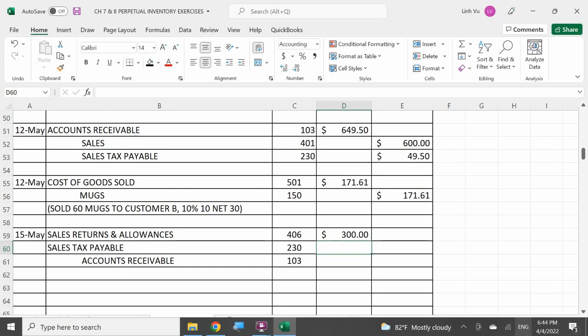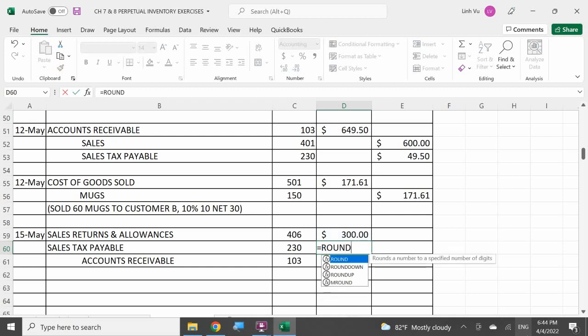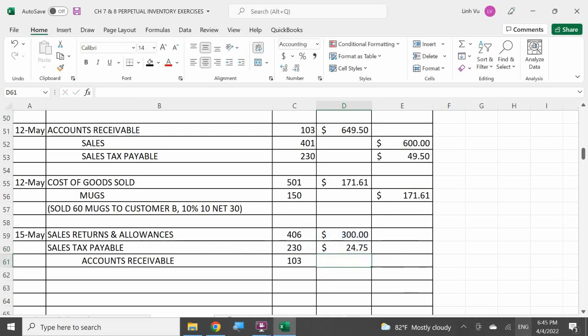Okay? Out of those $300 that we're giving back, we need to figure out how much tax we're also going to have to give back based off of that refund. So in this case, I should be giving back $24.75. So I'm going to be reducing customer B's account by $324.75.